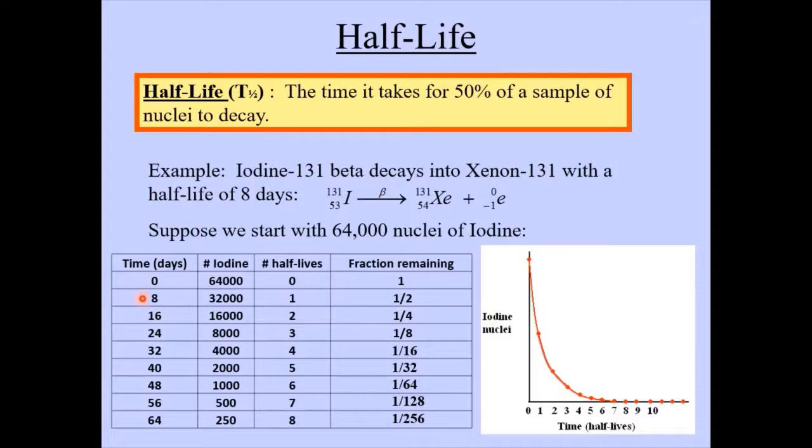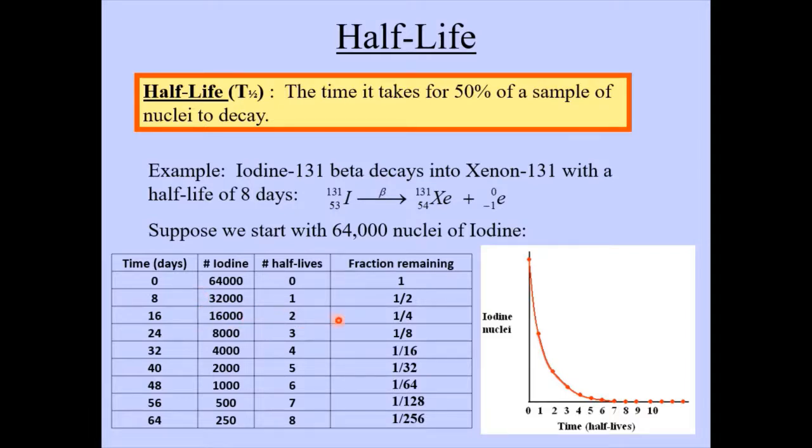Now, 8 days later, okay, remember that's the half-life, 8 days. So after 8 days, 64,000, we're down to 32,000. So after one half-life, we're at 1/2 of the remaining number of iodine nuclei. After 16 days, now we've undergone another half-life, so that 32,000 gets cut in half to 16,000.